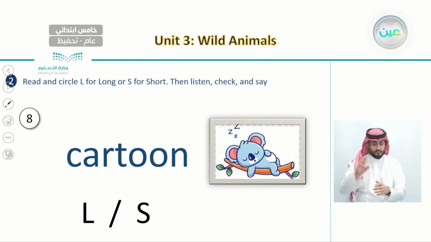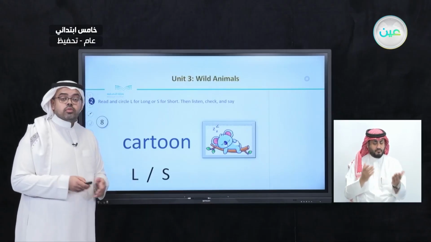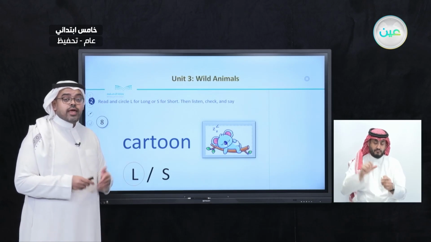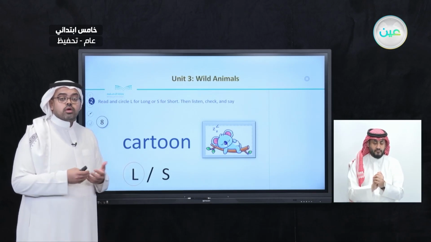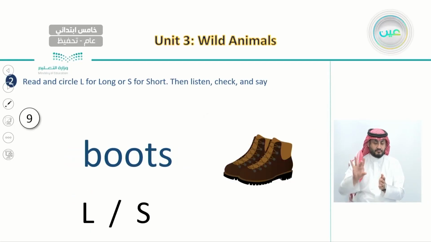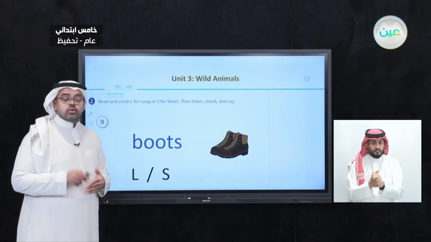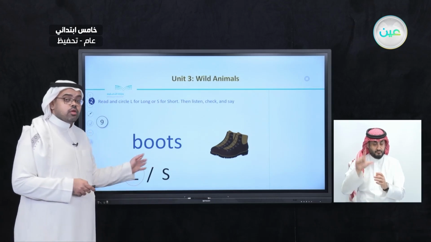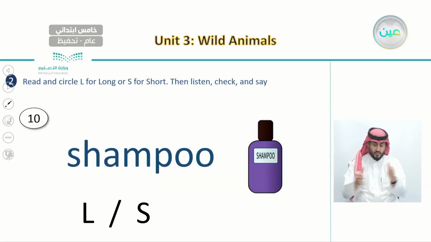Number 8, cartoon, cartoon. So what do you think? Of course, it is the long form, as in moon, cartoon. And number 9, boots, boots. So boots goes with the long form. Number 10, shampoo, shampoo.